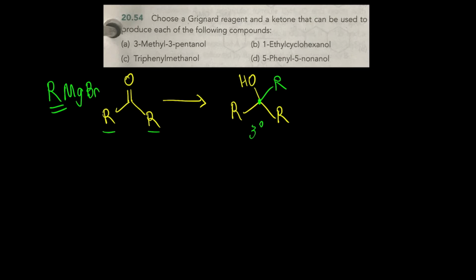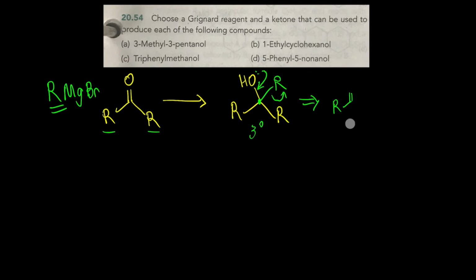Now, when you do synthesis, you generally like to use symmetry on your side. So when you think backwards, you basically take this oxygen and you think about kicking off the R group. And this is just a sketch. It's not a correct mechanism, and we're using retrosynthesis arrows.